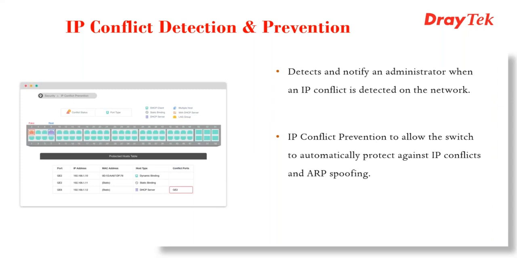It can easily track down conflicts and take actions to resolve them. The IP conflict prevention allows the switch to automatically protect against IP conflicts and ARP spoofing. If another device attempts to use an IP address that's already in use, the Vigor switch can block it and only communicate with the devices that are known and have the correct IPs.